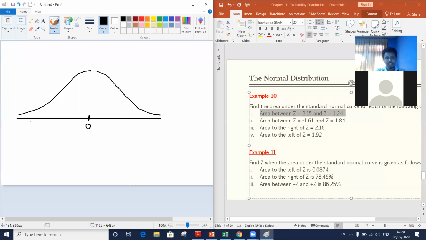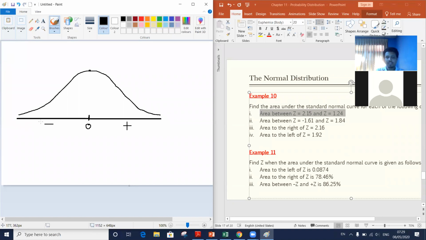To the left of this point are negative Z values, and to the right are positive Z values. At the highest point, Z is always 0.